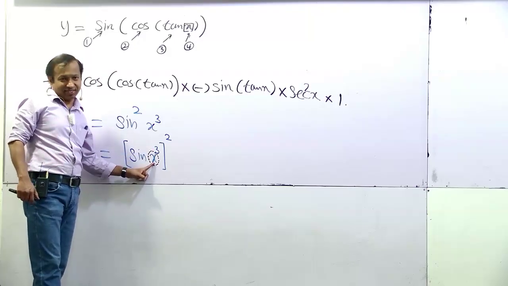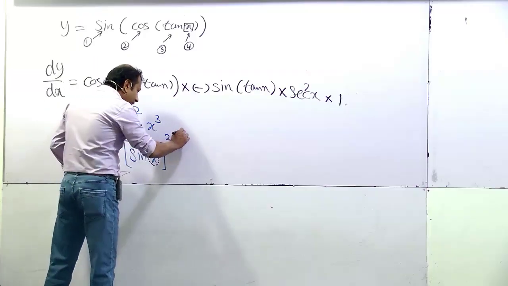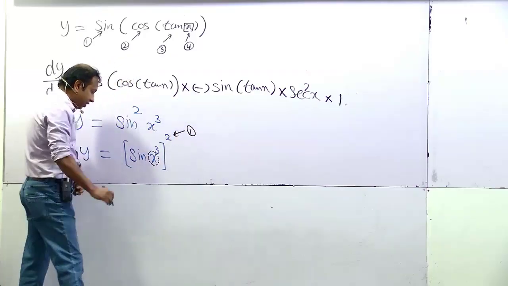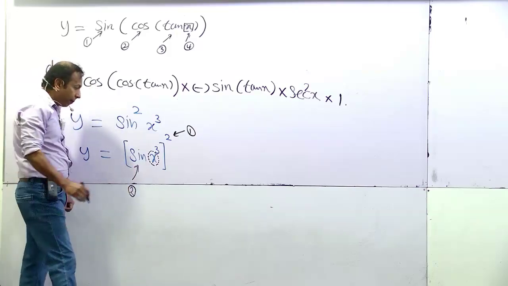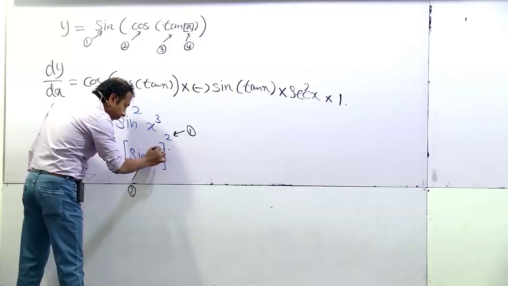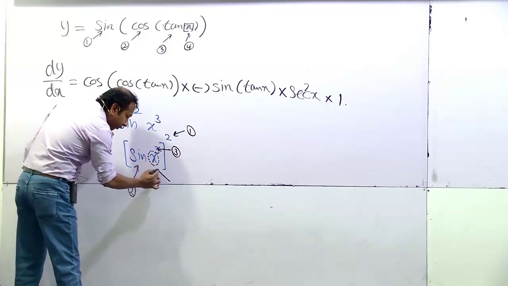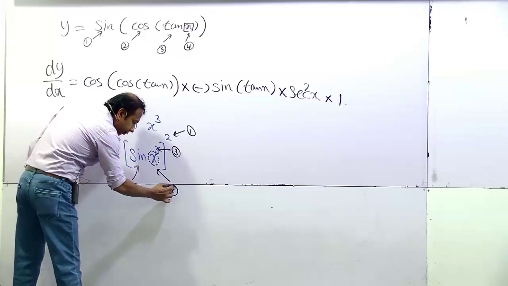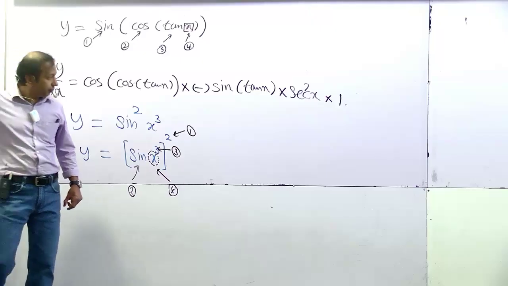Finally this x. But in order, this power first, secondly sine, third this power, finally this x. Fourth one. Let's see how to differentiate now.